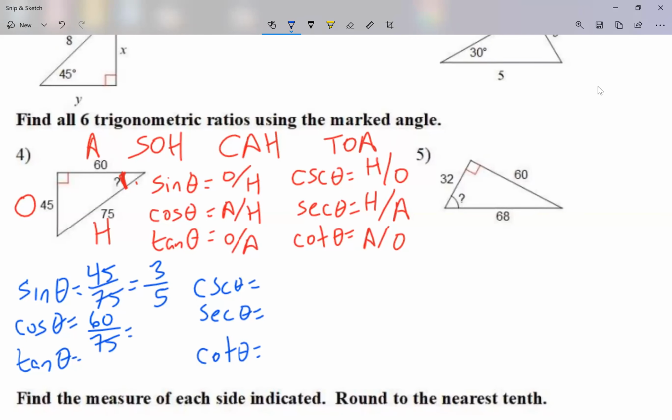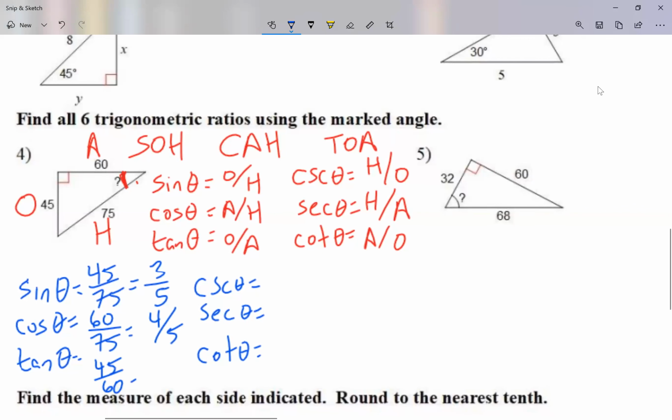If it asks me to simplify, I will simplify this as 4 over 5. Again, I divided each by 15. My tangent is opposite over adjacent, so 45 over 60. If I have to simplify, I get 3 over 4.